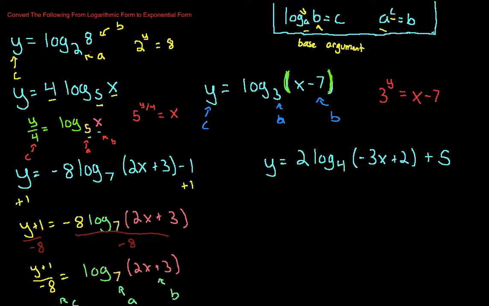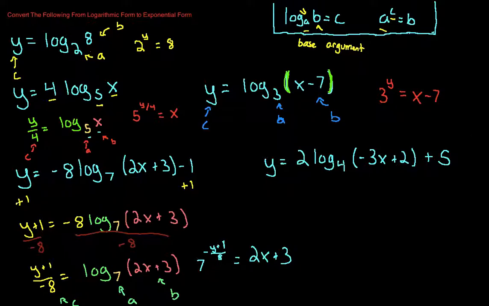Then I can write 7 raised to the y plus 1 over 8, pulling the negative out here, is equal to 2x plus 3. And that's how you would set up that problem.